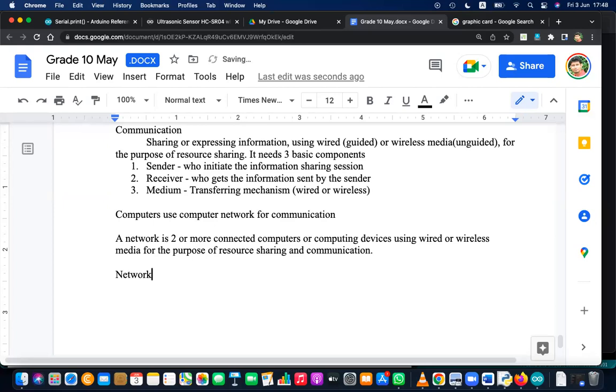Network classification based on size of the network and distribution of the network. So that is the next subheading and what we are going to discuss now, after the communication. Kindly let me know if you are done.